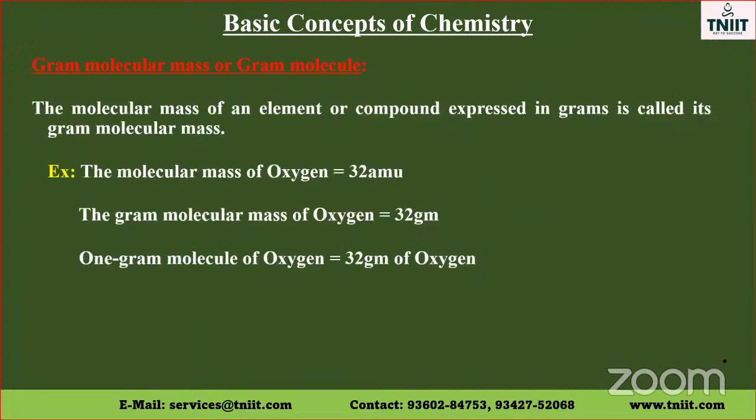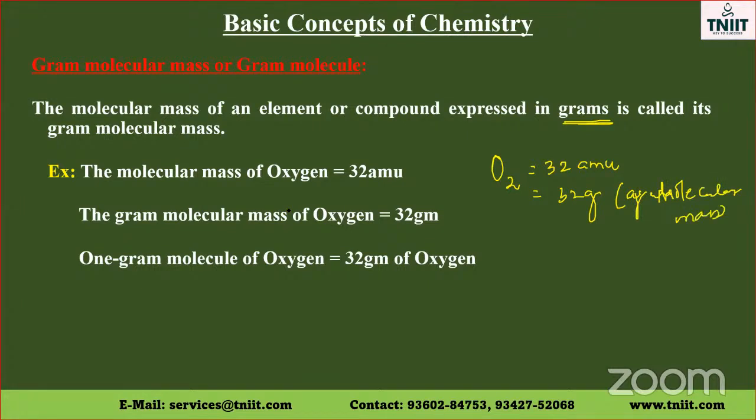Gram molecular mass. The molecular mass of an element or compound expressed in grams is called gram molecular mass. Now, if you take oxygen, it is O2. The molecular mass, when we express it in atomic mass units, is 32. The same molecular mass, if we express it in terms of grams, is called gram molecular mass.